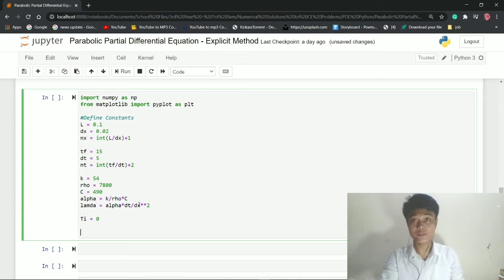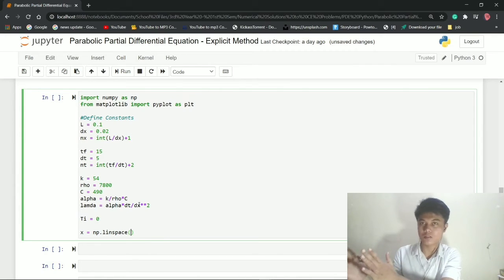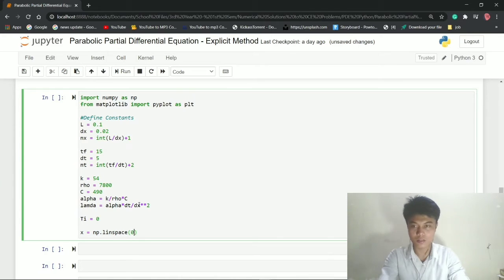So now, we have to define our x. We have to define the lengths ng x natin. So this is np.linspace. So these are arguments. Magsisimula tayo sa 0 kasi yung rod, kung ipa-plot natin yung rod natin, 0 hanggang sa length niya. So this is 0, yung unang argument natin, hanggang sa L, which is yung length niya. Tapos meron tayong nx, which is yung step ng bawat nodes.